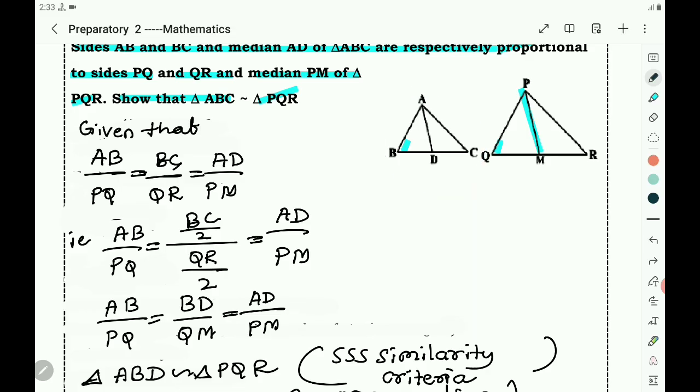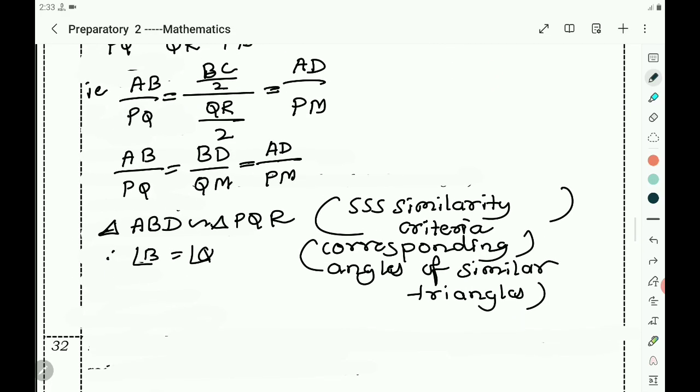Then here, in the first step, you write the names of those two triangles: triangle ABC and triangle PQR.